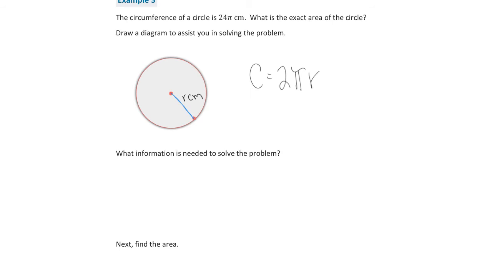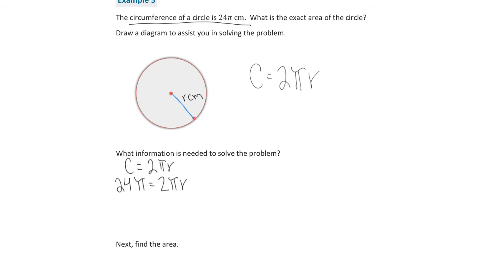And we'll find the radius by using the circumference formula. So again, here's our circumference formula. So we have C equals 2 pi r. We have our circumference here given up top as 24 pi equals 2 pi r.